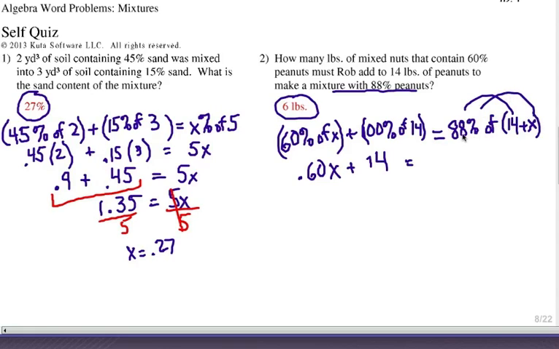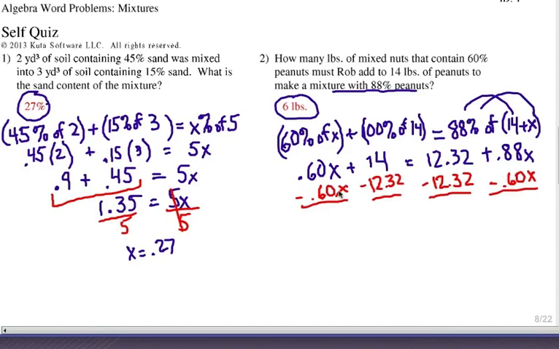We're going to be able to use the distributive property and figure this out. We're going to take 0.88 times 14, which is going to be 12.32. Make sure you have your decimal point in the right place. Plus, remember it's the distributive property, so now it's 0.88x. It looks kind of crazy with all the decimals, but we're going to be just fine.